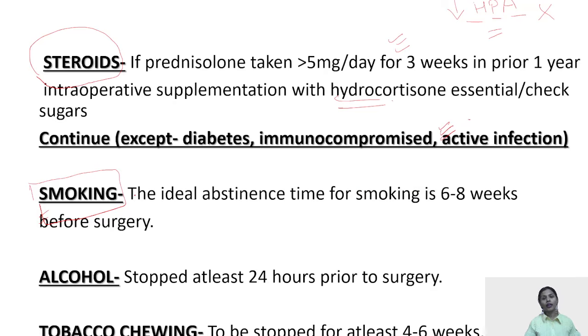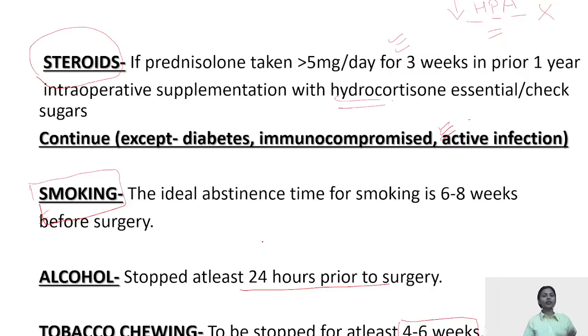Coming over to alcohol, alcohol has to be stopped at least 24 hours prior to surgery, and tobacco has to be stopped, because it has very high nicotine levels, which is a very strong vasoconstrictor, at least 4 to 6 weeks prior to surgery.